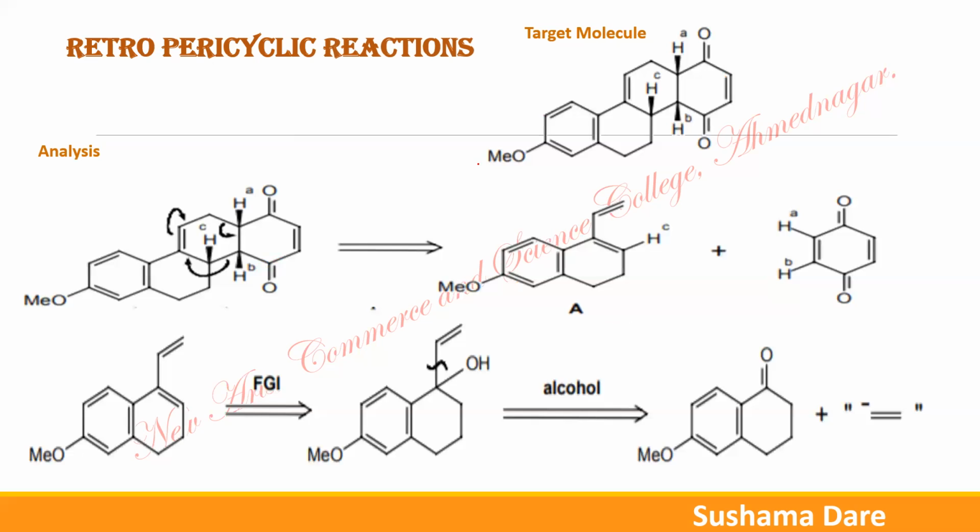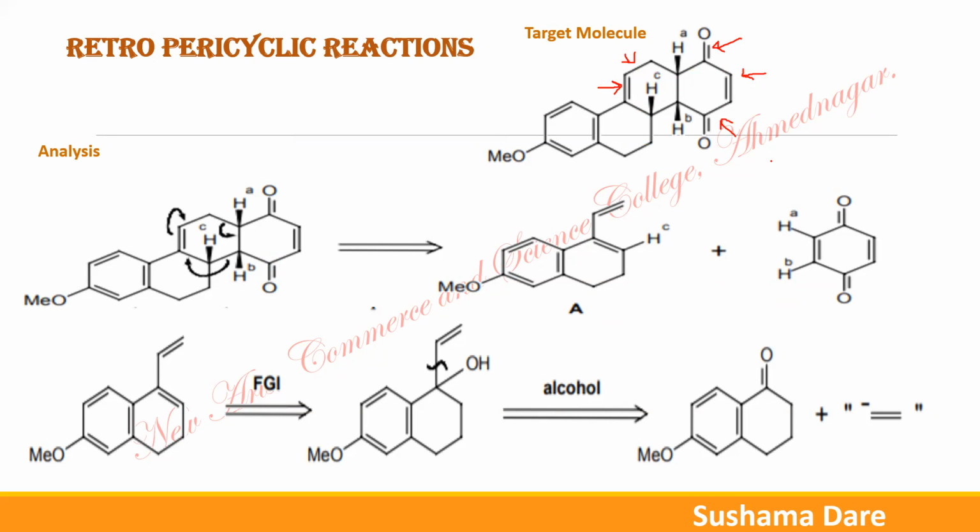Now in this target molecule, you can see this ring and this ring. Look at these two rings, this one is a six-membered ring, and in the six-membered ring there is a double bond, and anti to that position there is a substituent, and again there is an electron withdrawing group.